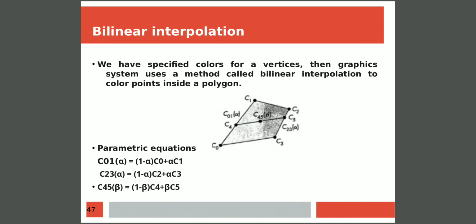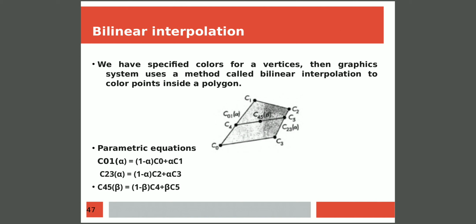Similarly, we are representing one more edge of a face using a parametric equation, that is C23 of alpha equal to 1 minus alpha into C2 plus alpha into C3, where the alpha value will be 0 at C2 and 1 at C3. Then by giving some positive value for alpha, we are going to get new points on these 2 line segments.